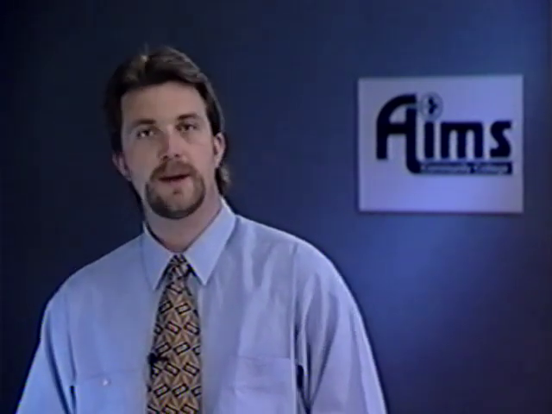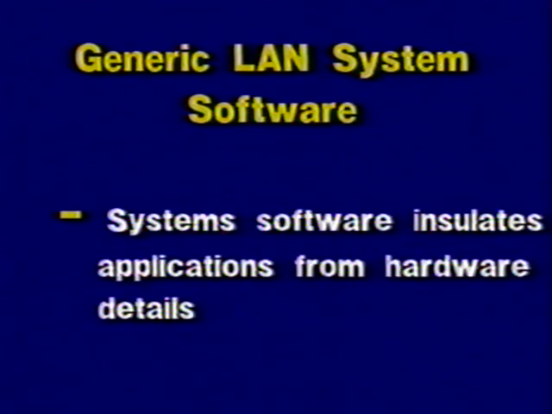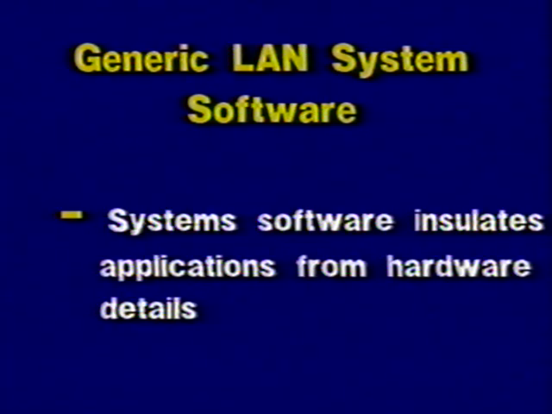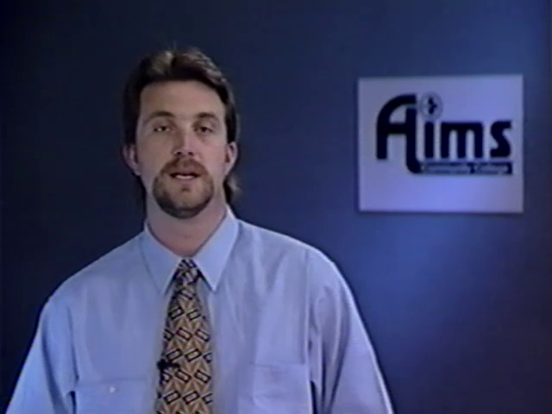Now, the next point about LAN system software is that it insulates applications from the hardware details. In other words, the applications can make requests to remote devices without knowing any of the specific details of those remote devices. Okay? As an example, a workstation on the network might want to request data from a remote disk drive.